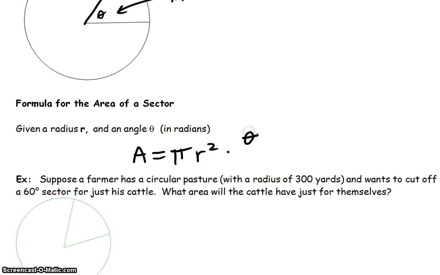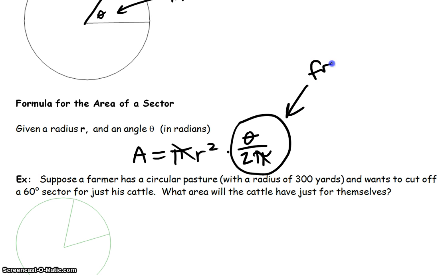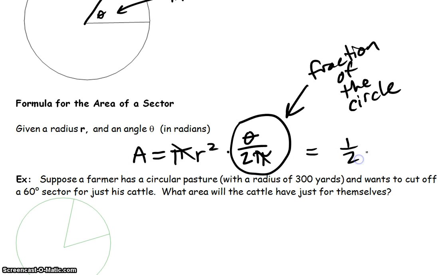Well, the angle that we're given times the whole circle in radians, and the whole circle would be 2 pi. Now notice we have a pi, another pi that can cancel out. Because again, this here is the fraction of the circle, or the central angle. So the way that this simplifies is 1/2 r squared times our angle in radians.